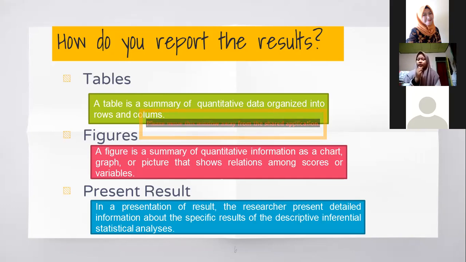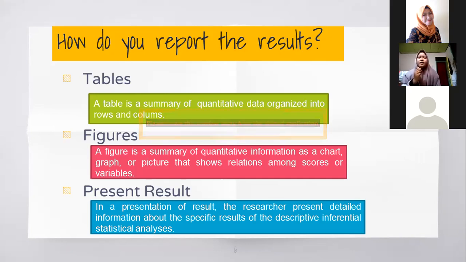There are three minimum representations of information. The first, report whether the hypothesis test was significant or not. The second is provide important information about the statistical test given the statistic. And the last is include language typically used in reporting statistical results.